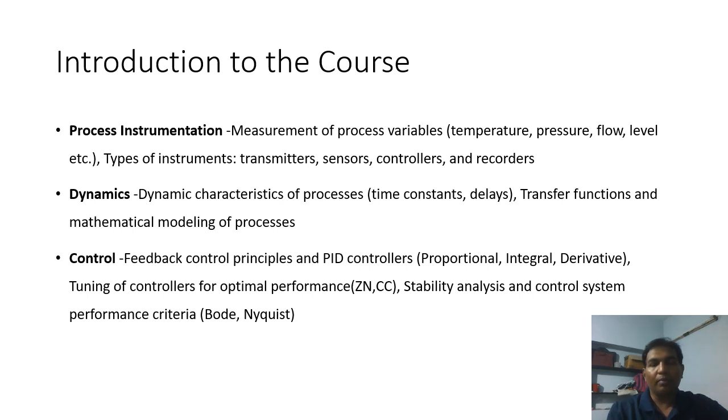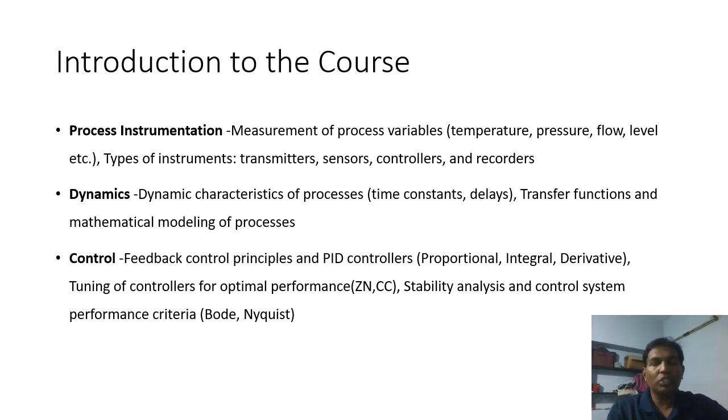Here in process instrumentation, I refer to the instrumentation which is related to process. The process here in the chemical engineering course refers to the chemical process. It can also be an electrical, mechanical or thermal process. As far as chemical engineering is concerned, we are going to deal only with chemical processes.